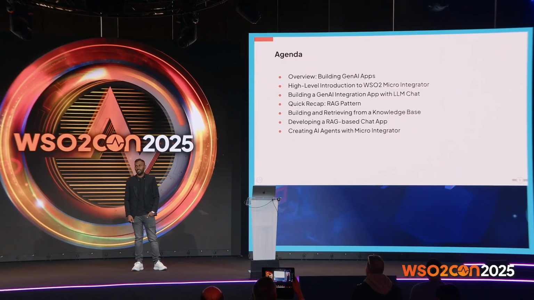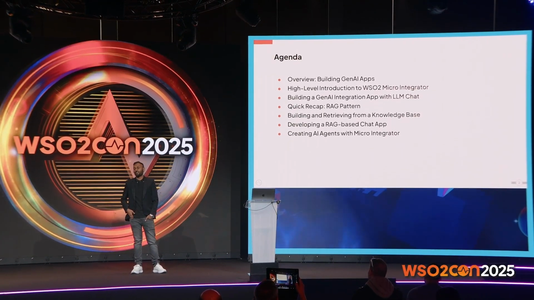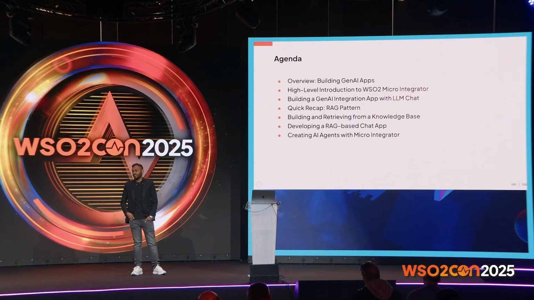So this is the agenda for today. I'll first give you a brief overview of what Gen AI applications are, and then I'll go through a high-level introduction to Micro Integrator and explain why you need to use it for certain types of integration.